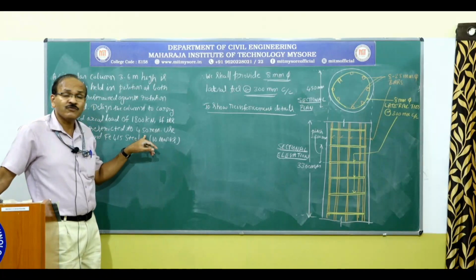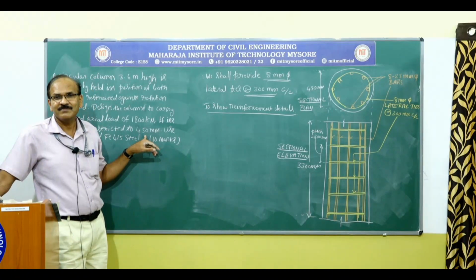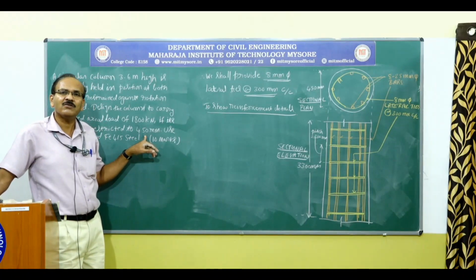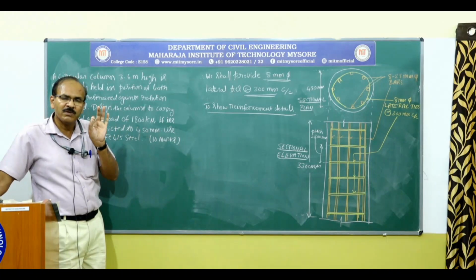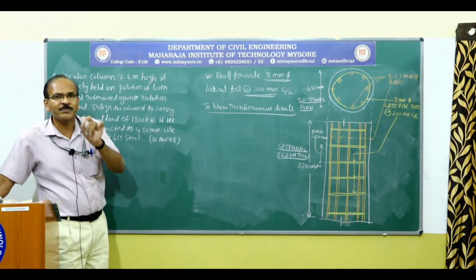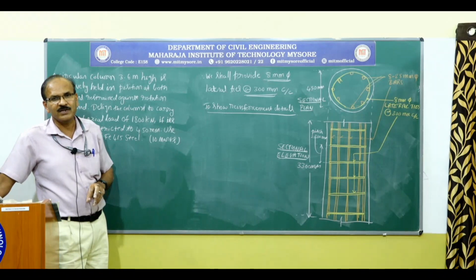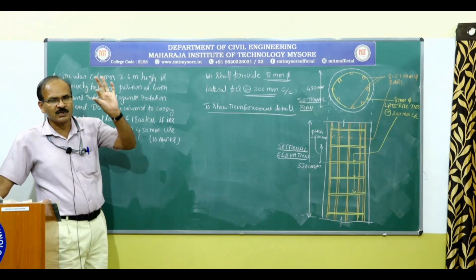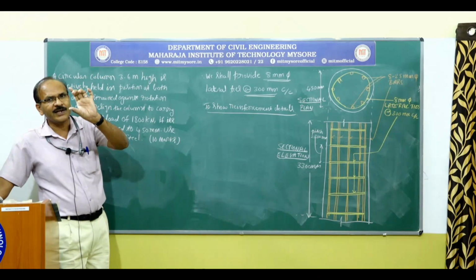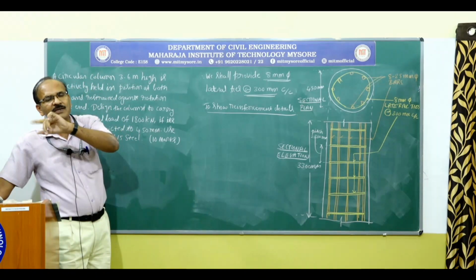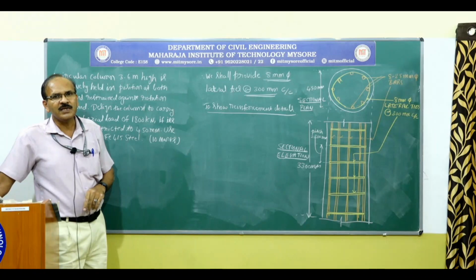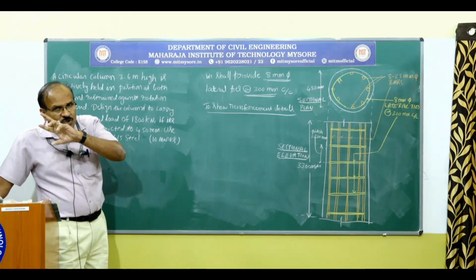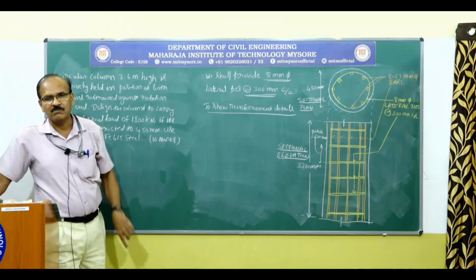D is the diameter, that is 450 divided by 30. Find out what is E minimum, and also the code says it should not be less than 20 millimeter. So you have two values, one is 20 mm and the other value is calculated based on L by 500 plus D by 30. So take higher of these two values as E minimum.